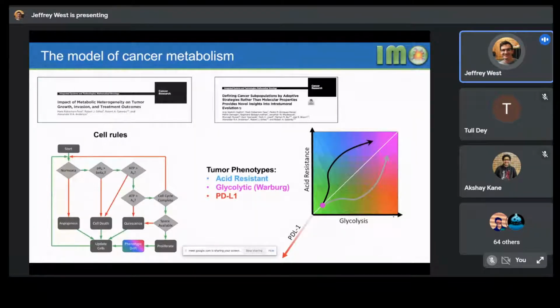This is a characteristic of cancer cells, rapid division. And we can evolve PD-L1, which is an immune biomarker, which enables cancer cells to hide from immune T cells.